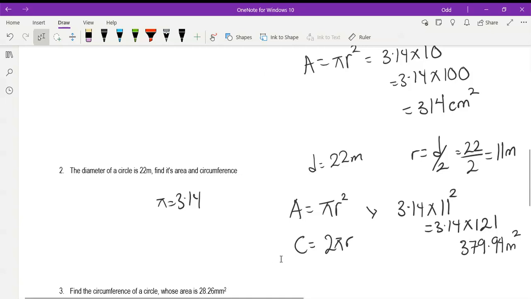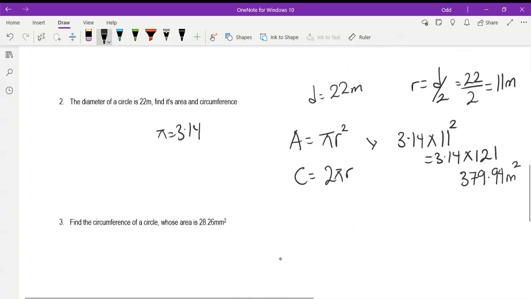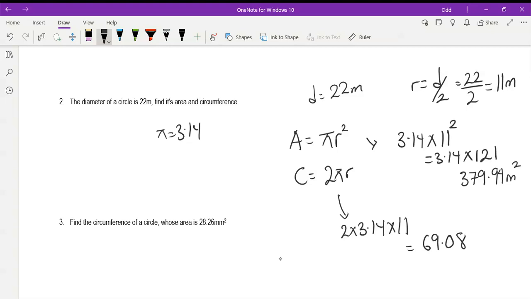And then for the circumference, 2 pi r will be 2 times 3.14 times 11, which is 69.08 meters. So the area of this circle is 379.94 meters squared. The circumference, or the length or the perimeter of the circle, is 69.08 meters.